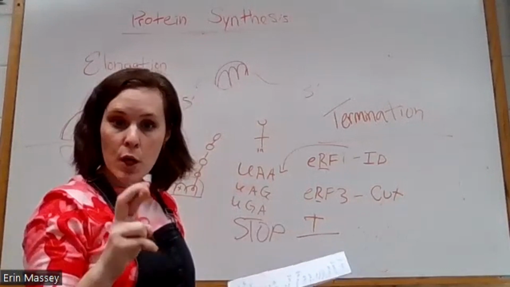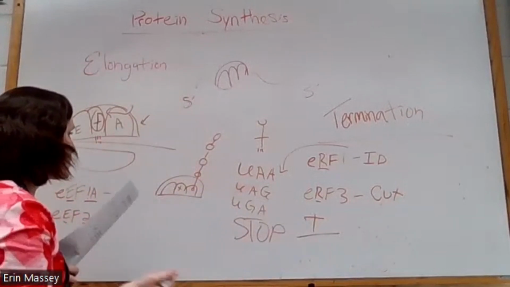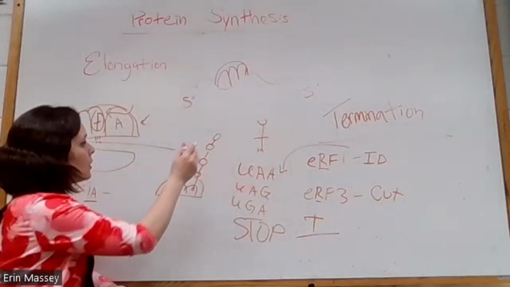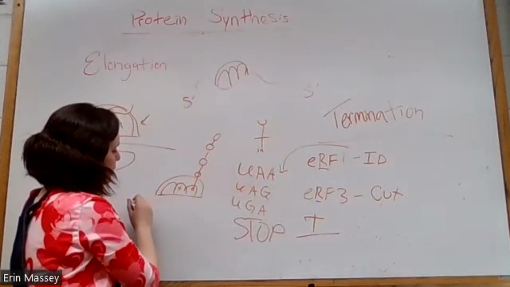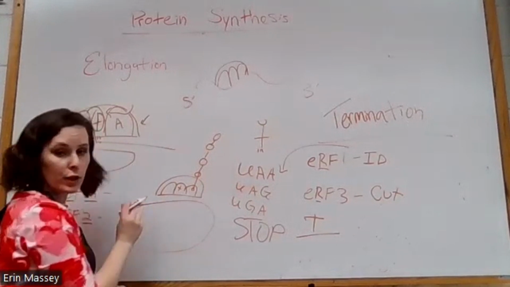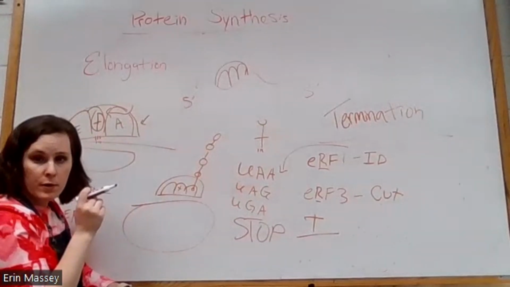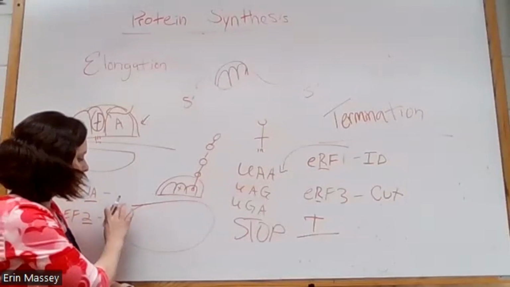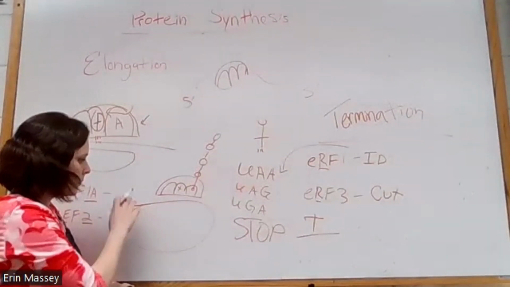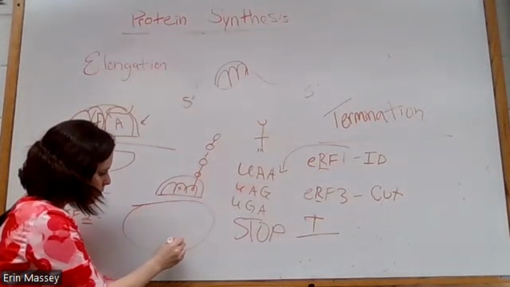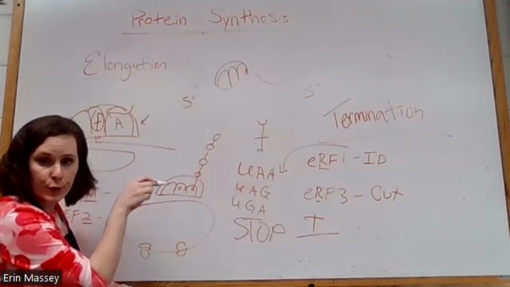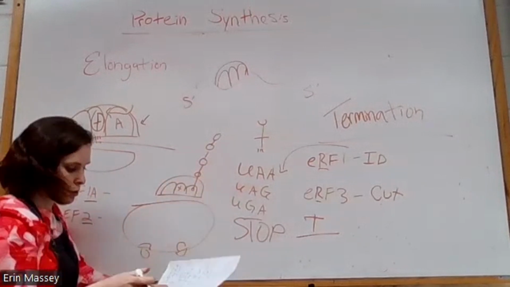There's something you should know as far as regulation that I skipped. When you're making these proteins, remember your mRNA is kind of circular, right? Because your initiation factor 4F is holding it in a circle. Multiple ribosomes can be going along the circle at the same time, helping to make this strand.